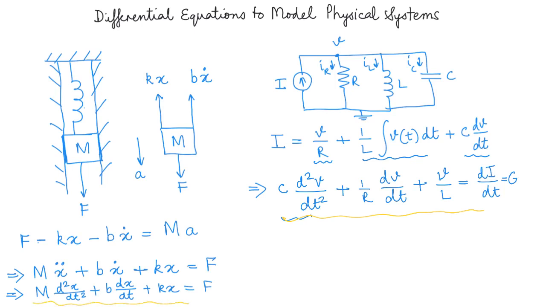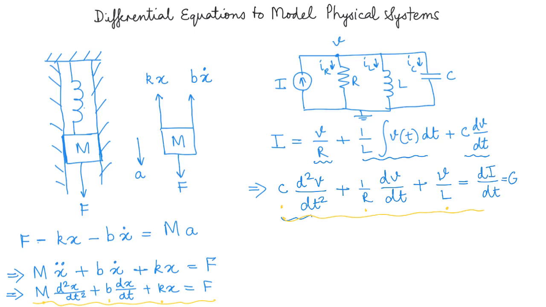Now you can see that this differential equation is very similar to the differential equation we have here. This is a second order differential equation with coefficients m, b, and k, and this is a differential equation with constants C, 1 over R, and 1 over L. So even though we started off with two very separate physical systems, mathematically when we model them, the equations turn out to be very similar.